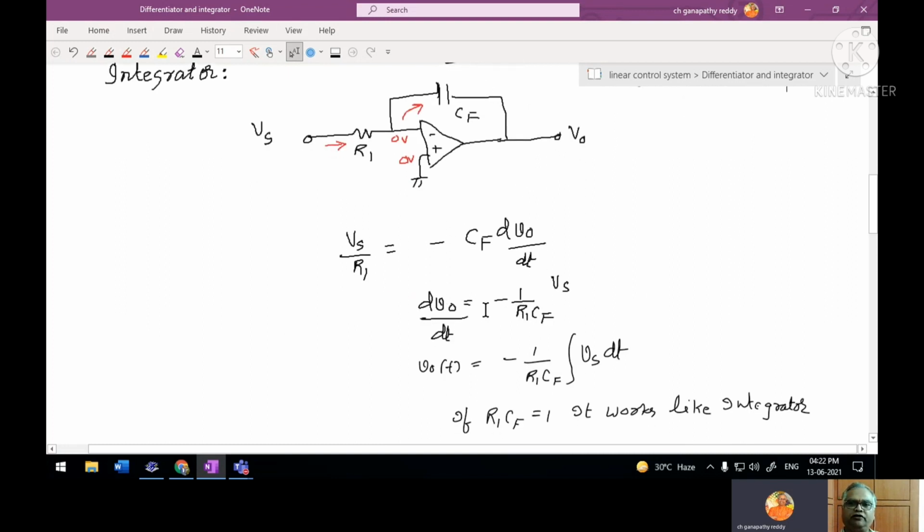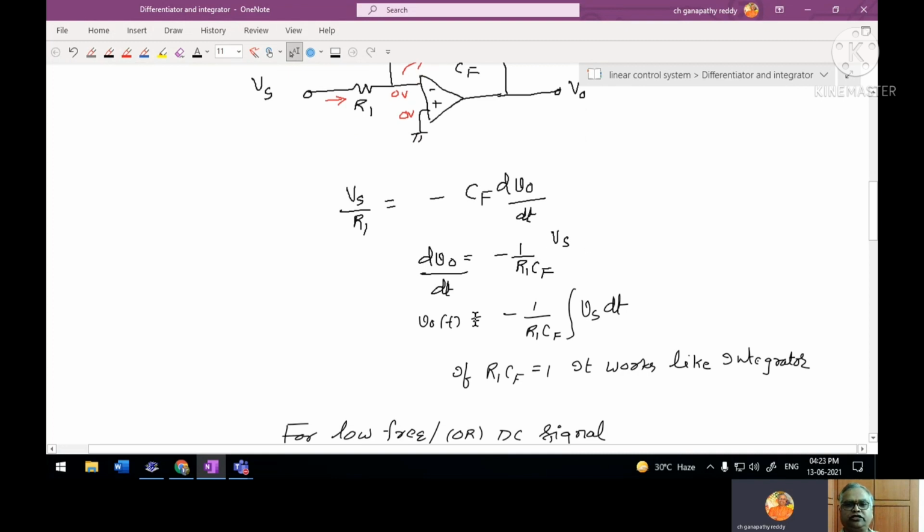Now dV0 by dt equals minus 1 by R1 CF into Vs. Integrate both sides: V0 of t is equal to minus 1 by R1 CF integral Vs dt. If R1 CF equals 1, output is the integration of Vs plus some constant when input is not there. Some constant also we can take.